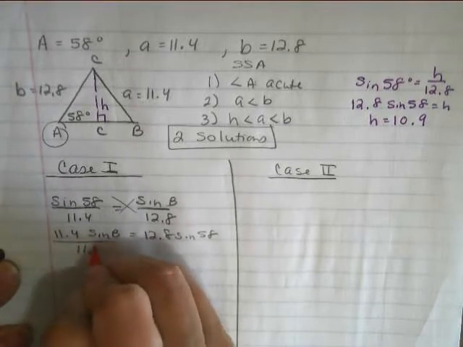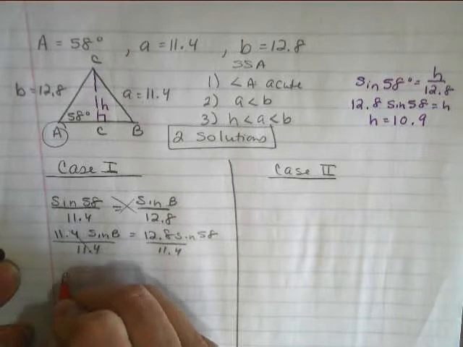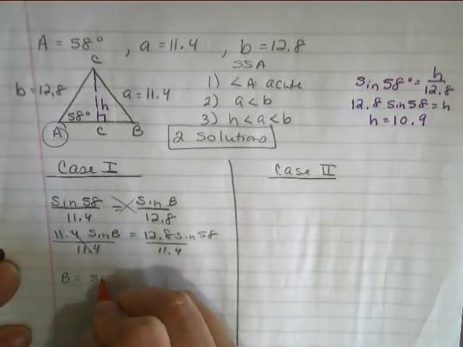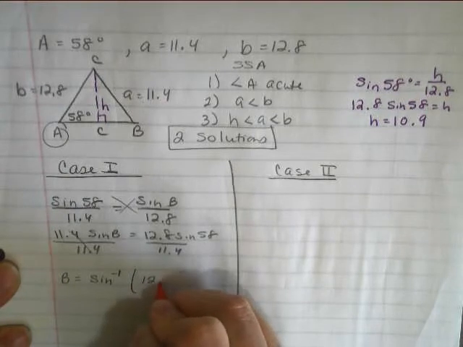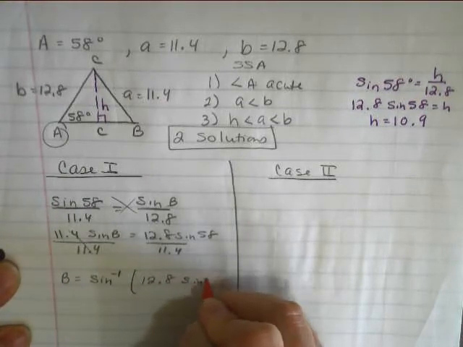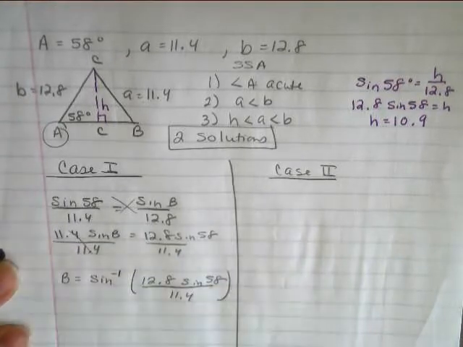Divide by 11.4. So in order to find angle B, I'm going to take the inverse sine of 12.8 times the sine of 58 over 11.4. Okay, we'll put this one in our calculator.